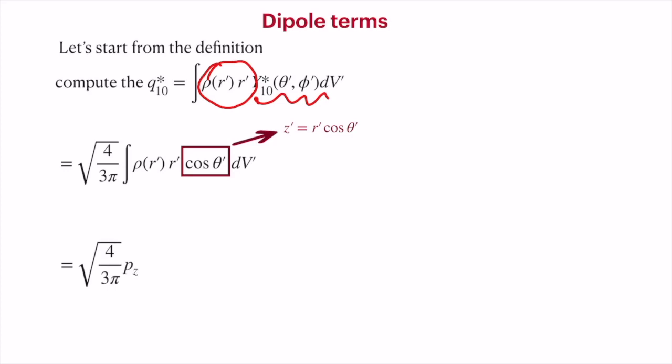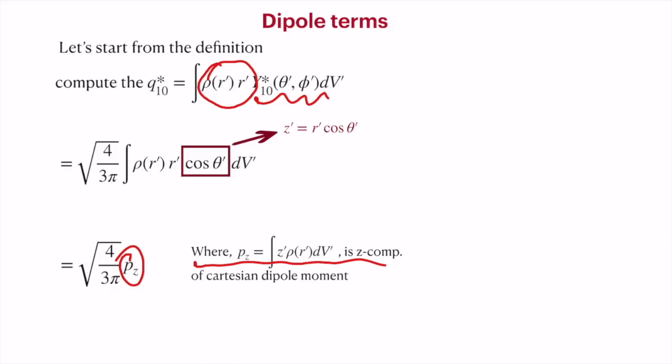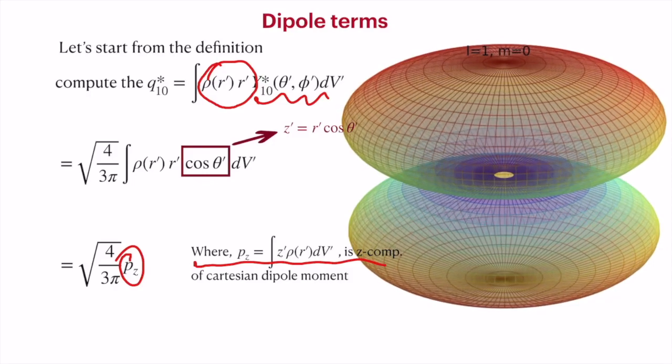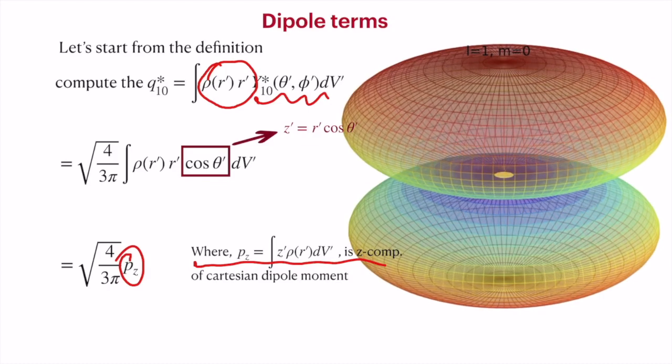So we can simplify it in terms of p_z, the z component of a Cartesian moment, which we have defined earlier, and which would look like a simple dipole. That is what we expect in this case, when you have a z component, which would be completely real because Y_10 is completely real. So we have Q_10 star, or Q_10, directly.